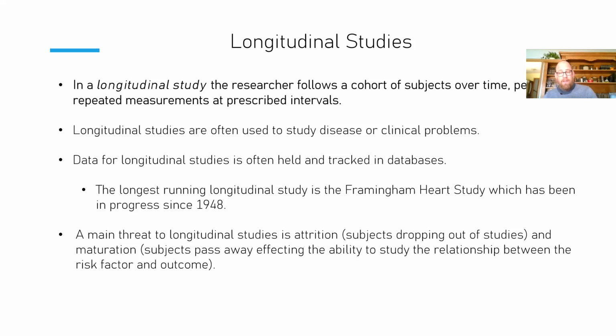That could be months, but with many longitudinal studies done today, it happens over the course of years. There are many different studies that have been put in place that follow participants longitudinally, and these are often used to study clinical problems. An example of that, out of the University of North Carolina, Chapel Hill, is the Center for the Study of Retired Athletes.